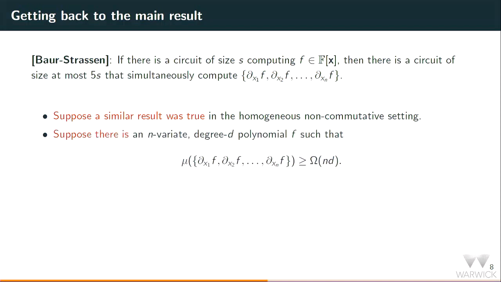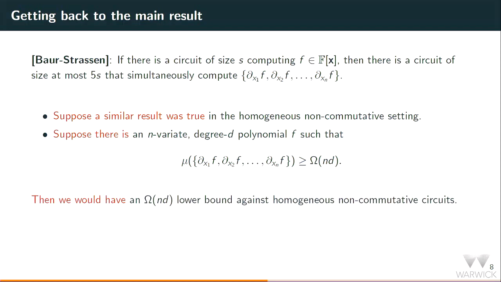And secondly, we want there to be an n-variate degree d polynomial f such that the measure of all its partial derivatives simultaneously is actually nd, and if we could do that, then we can combine it to give our lower bound. And it turns out that a similar result is indeed true. We can show that a similar thing holds in the homogeneous non-commutative setting.